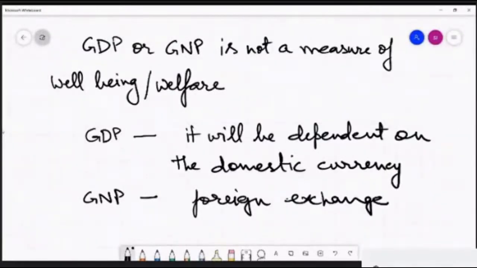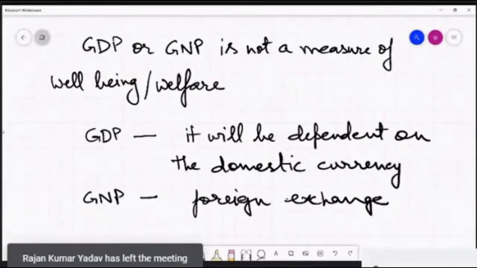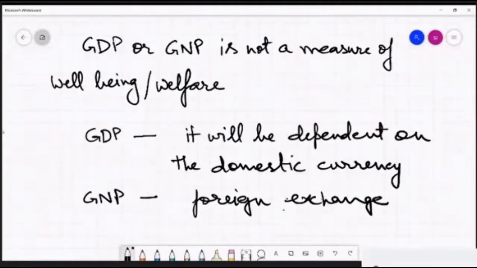Because then there will be US nationals working for your country, or the residents of India working in USA, in European countries, in China, the Middle East. Each country has a different currency. So when you are talking about inflow and outflow of income, you will have to use different currencies to convert that value. So this is a difficult way of talking about the growth of an economy.